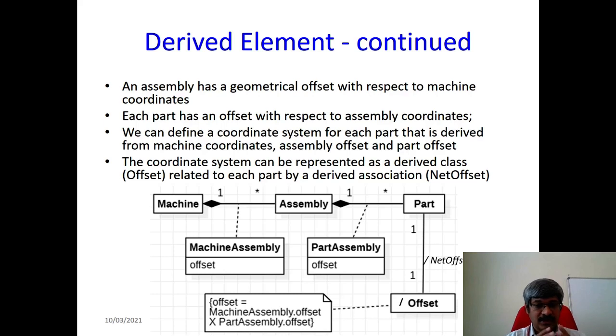So that would be pretty huge. That is why the offsets should be as small as possible. In fact, they should be zero. Only then can you compose the machine and fit all the things together. That is about the example.